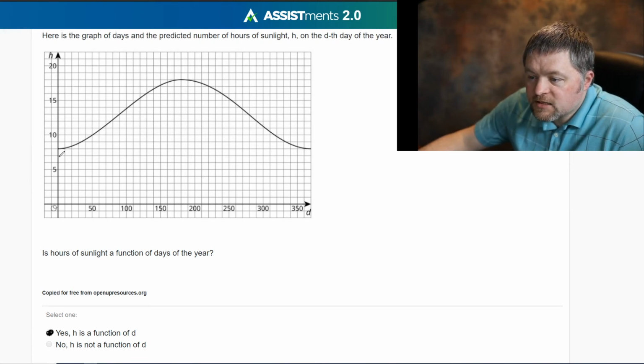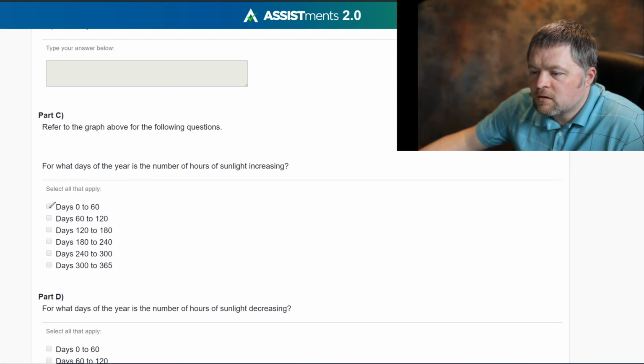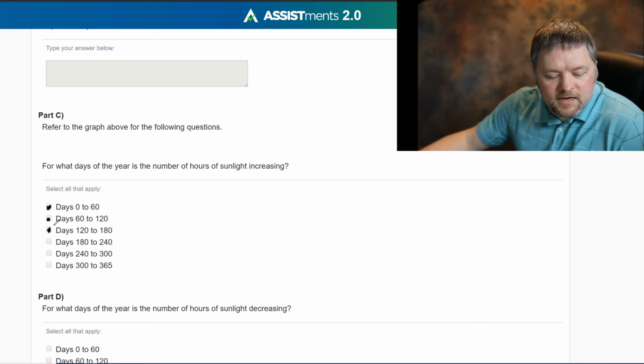It looks like it's going up from day 0 to day 180. So days 0 to 60, yes, it's increasing. 60 to 120, yes, it's increasing. 120 to 180, yes, it's still increasing.